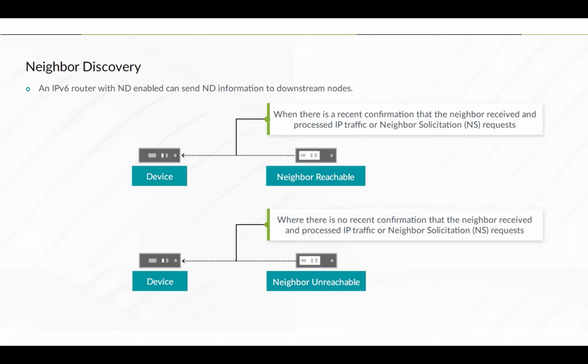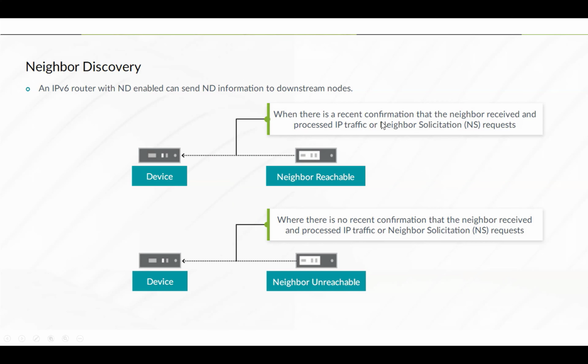But in IPv6, an IPv6 router with ND enabled, neighbor discovery enabled, can send information to downstream nodes. So if you enable ND in your device, it will send the neighbor ND information to downstream devices.